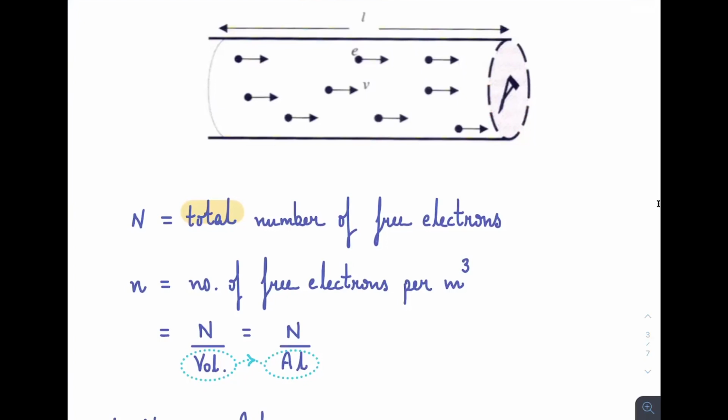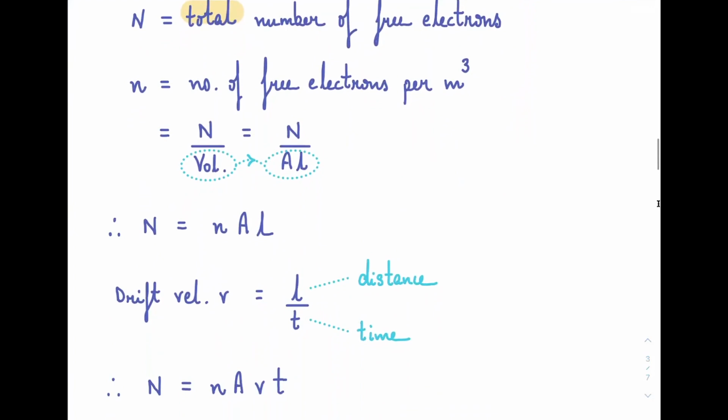If we define a small n, the number of free electrons per unit volume per meter cubed, then we divide the total number of free electrons by the volume of the metal sample, and the volume is the cross-sectional area times the length. So if we change the subject to capital N, we get capital N is equal to small n times AL.